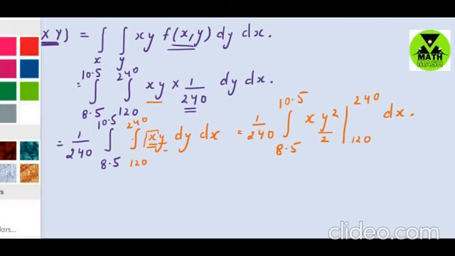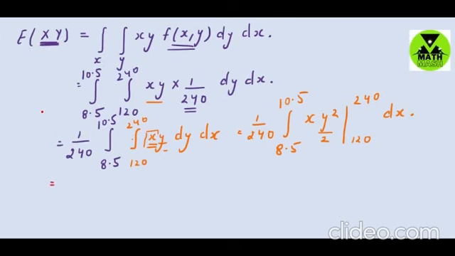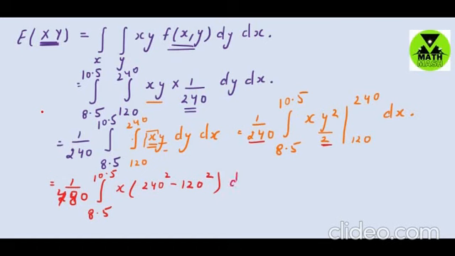So this is equal to 1/240. When we substitute y equals 240 and then 120, the integral from 8.5 to 10.5 of x as it is, taking the 2 outside, becomes 480 in the denominator. Now, substituting y, this becomes 240 squared minus 120 squared, and then integrate with respect to x.